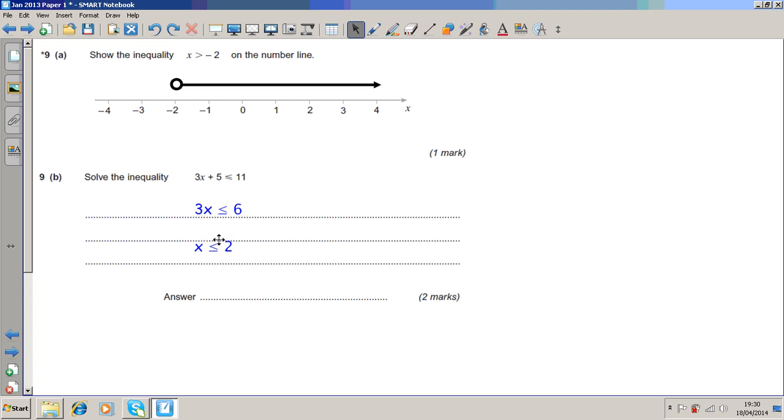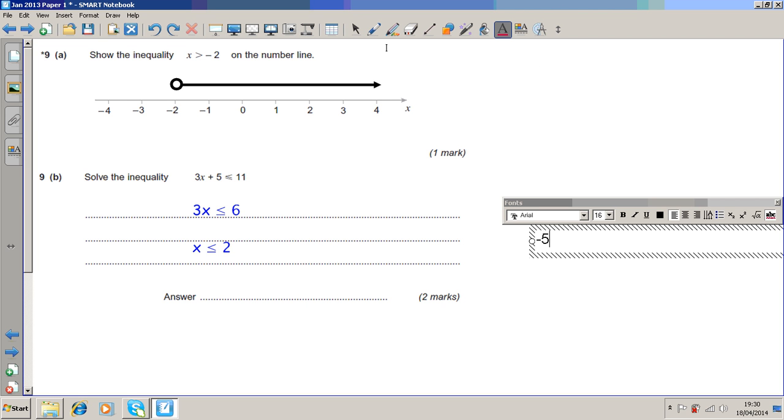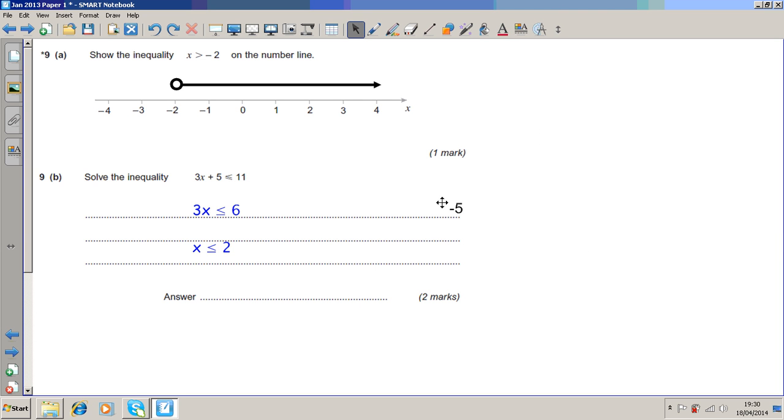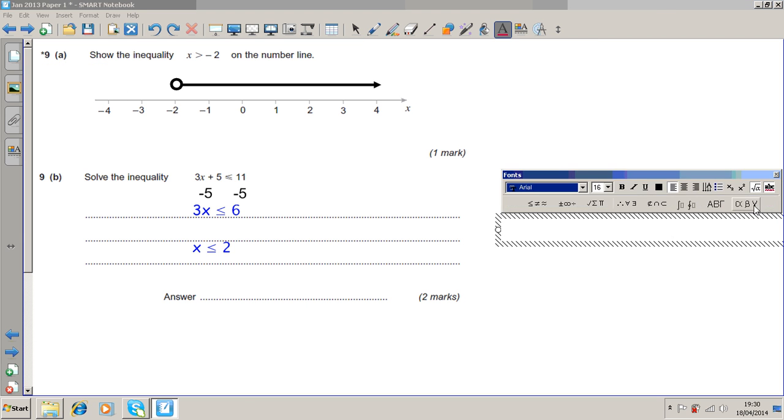Now I'm wary on this one that there's a little star on the question at some point, so I think I'm going to add in exactly what I've done on these steps here. So I minus 5 on this one, so minus 5 there, which meant minus 5 there, and then I divided by 3.